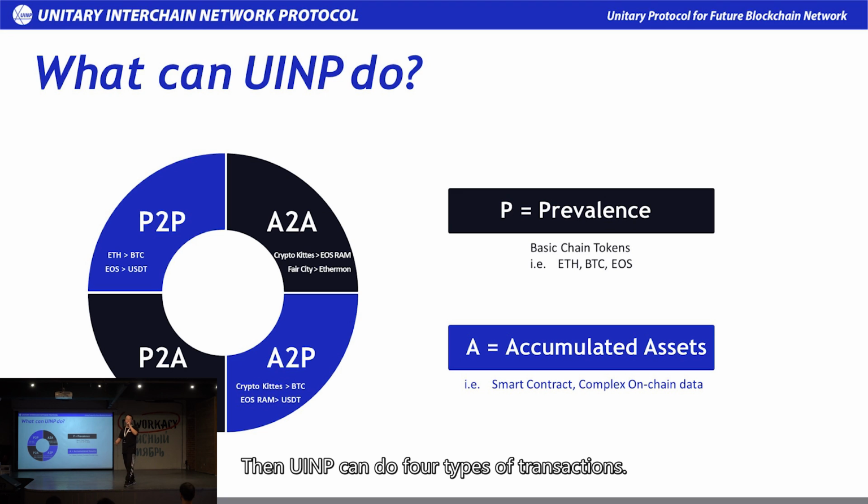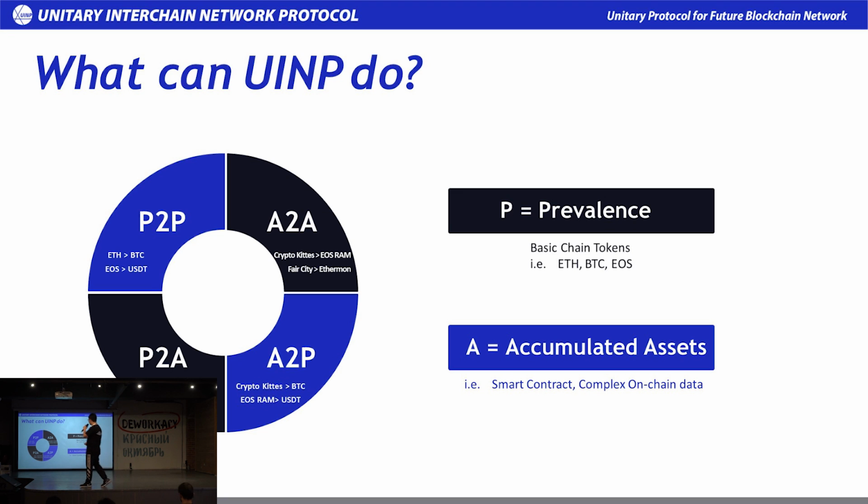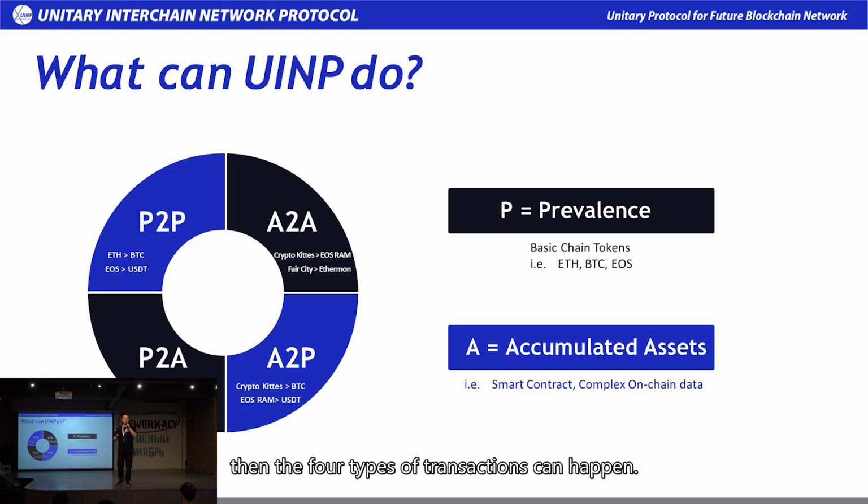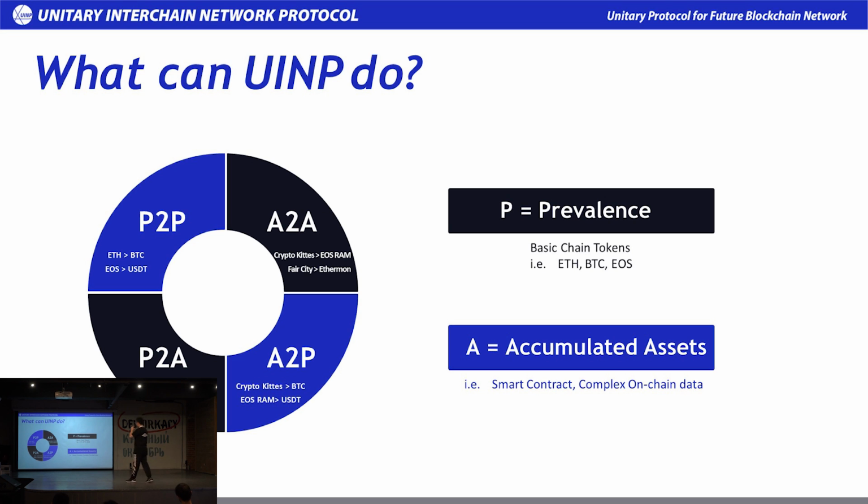Then UINP can do 4 types of transactions. Let me make an example to introduce these 4 types of transactions. For example, if the Ethereum network and Bitcoin network have some nodes installed with the UINP plugin, then the 4 types of transactions can happen.